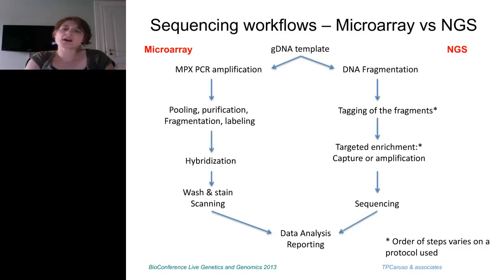If you're using the target enrichment with amplification, then you may tag them after. It really is dependent on your protocol. Once you have tagged your library, then you put it for sequencing, and you end up with some kind of data that you can analyze.